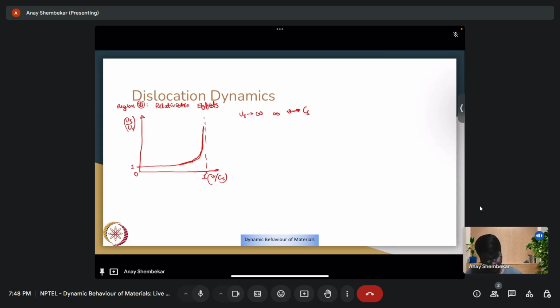This Ut is basically potential energy plus kinetic energy. At zero dislocation velocity, Ut is U naught.